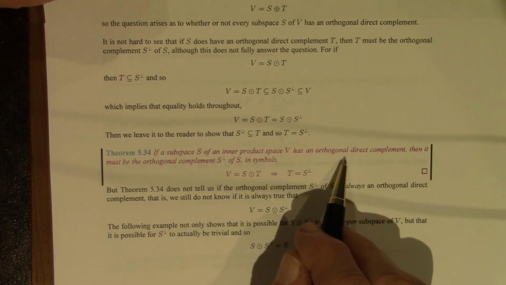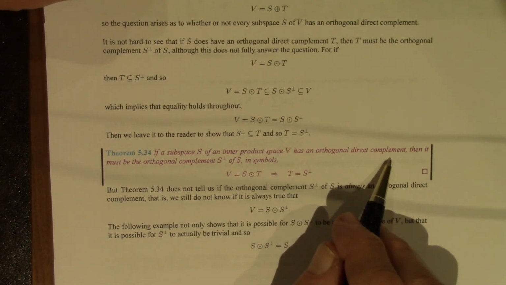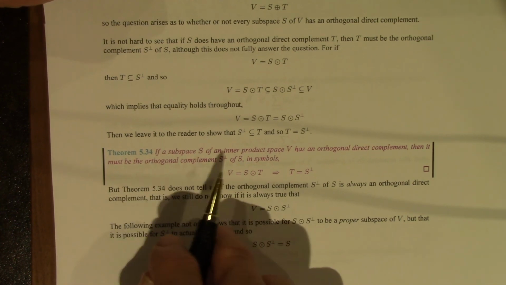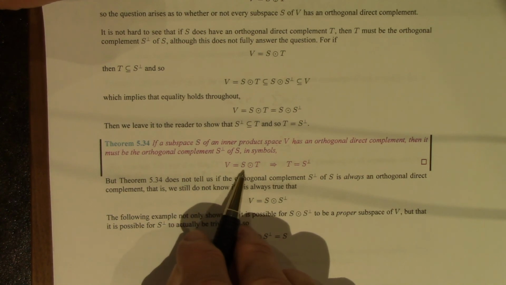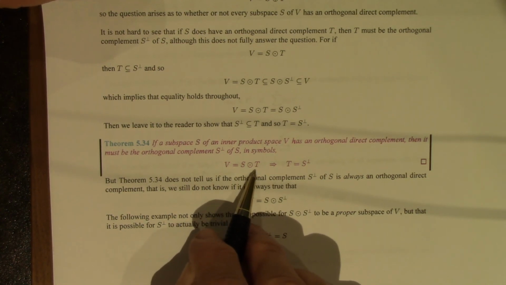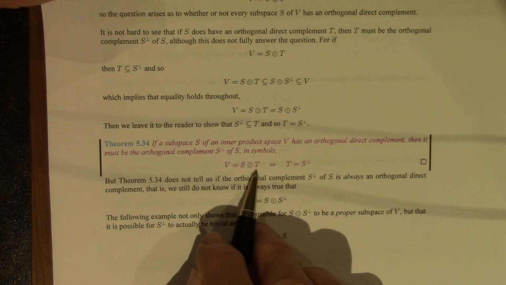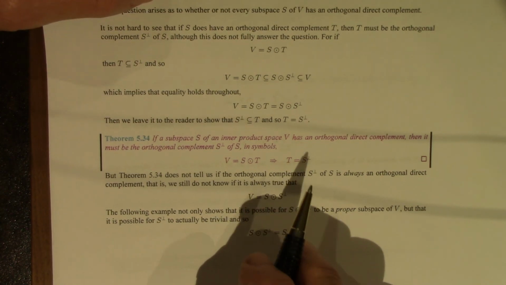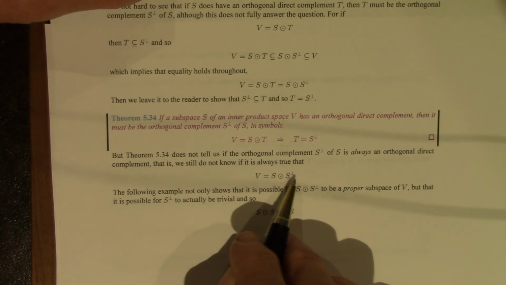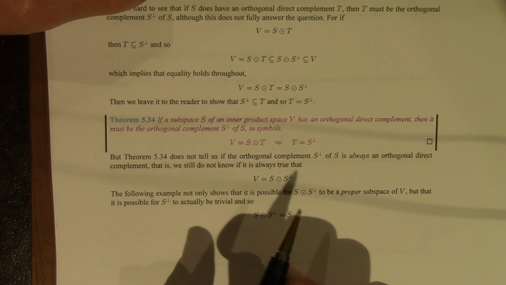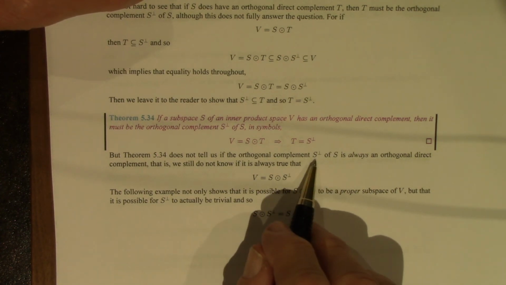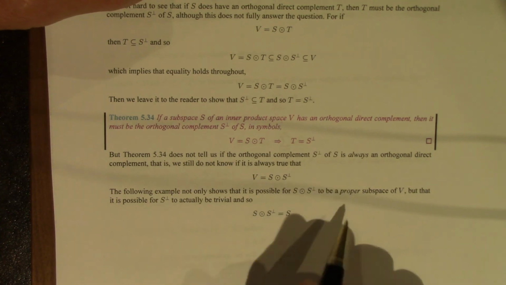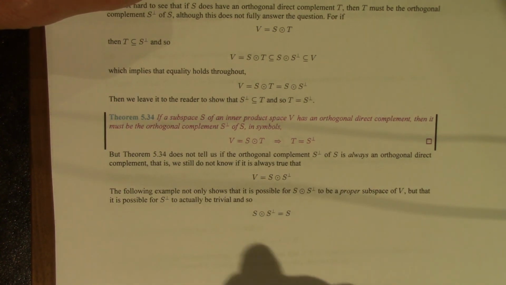If a subspace S of an inner product space V has an orthogonal direct complement, then it must be the orthogonal complement S perp of S. So if V equals S orthogonal direct sum T, then T is in fact S perp. But we still haven't answered the question. It doesn't tell us if the orthogonal complement S perp of S is always an orthogonal direct complement.